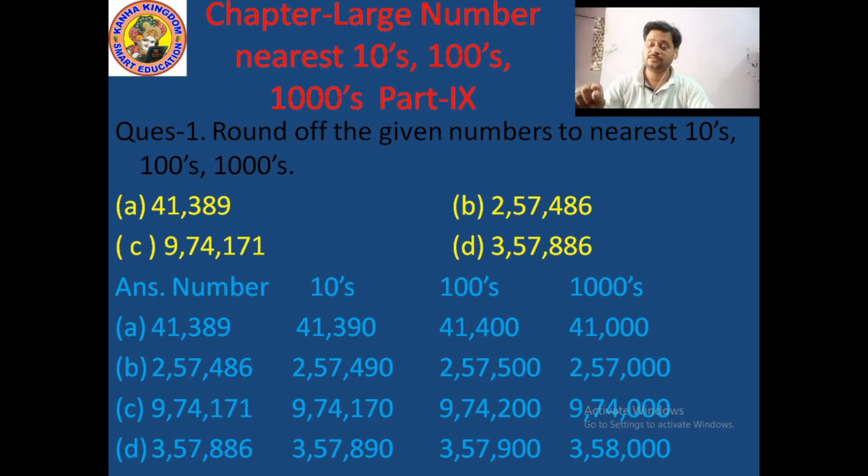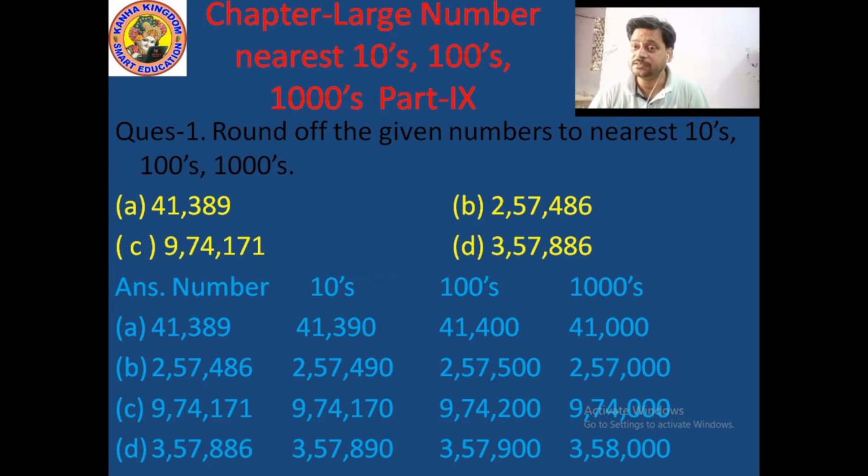So first you convert the tens place and ones place into 0, and second, as you all know, the tens digit is greater than 5, so you add one to the 100 place. Which digit is in the 100 place?